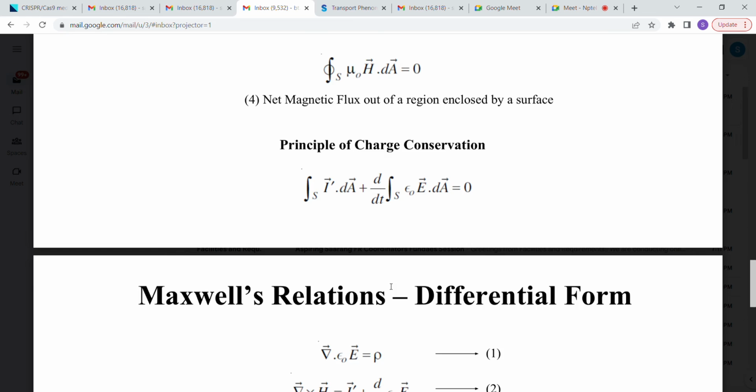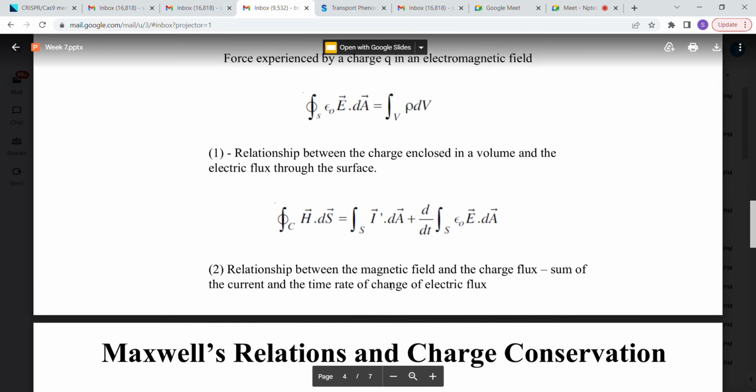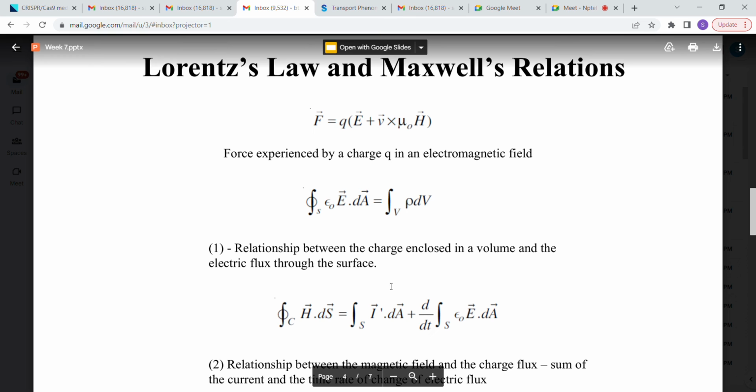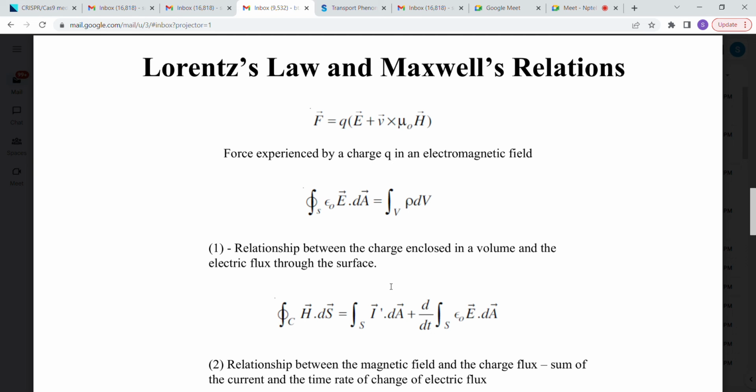These integrals must be normalized either in terms of ds or dv. So how would you do that? I would not give you the answer right now. I would suggest you go and look at the lecture.